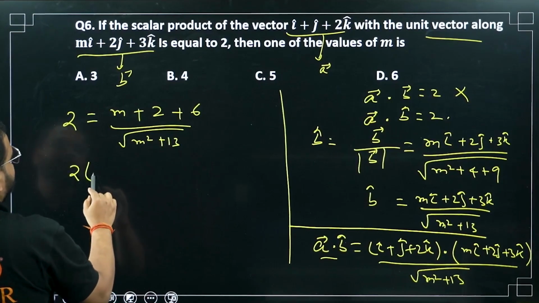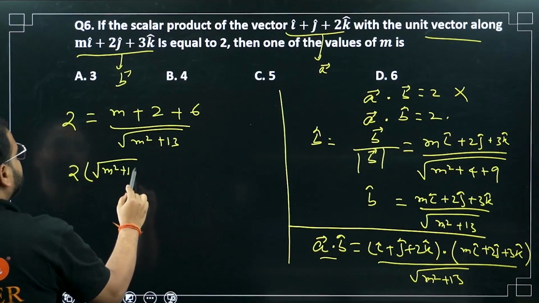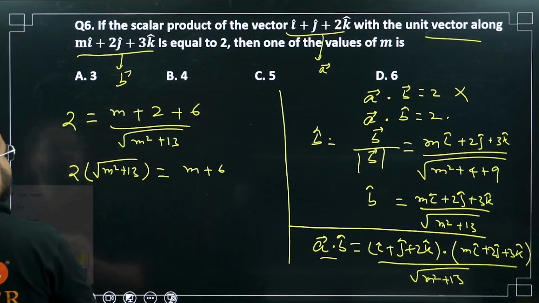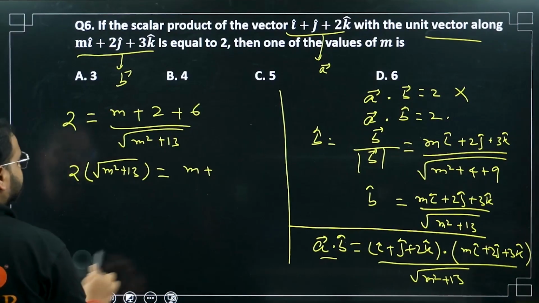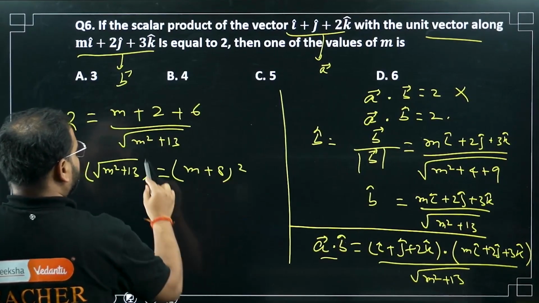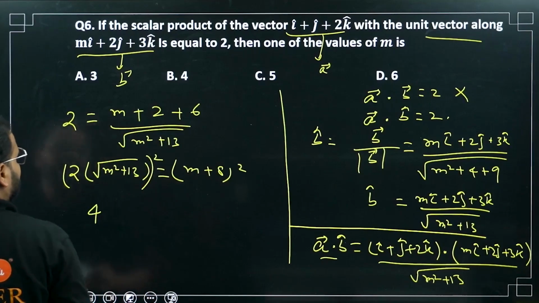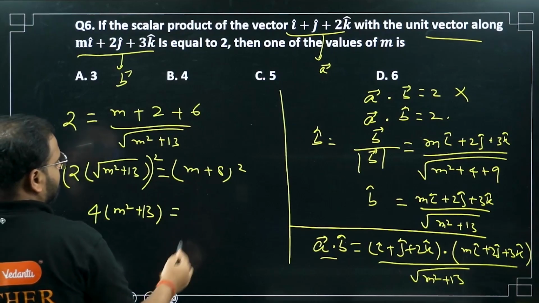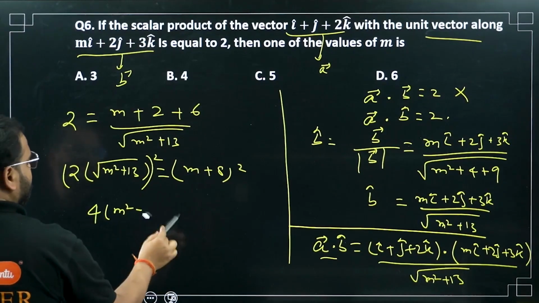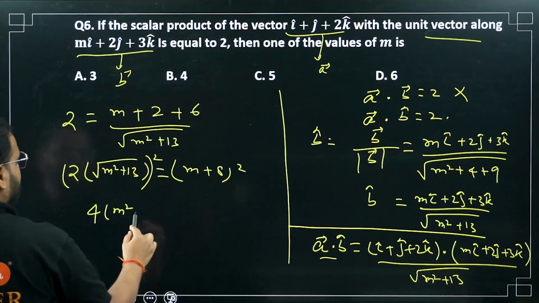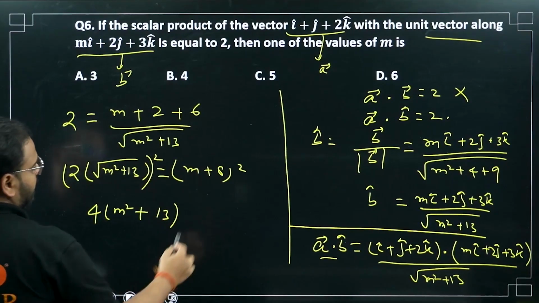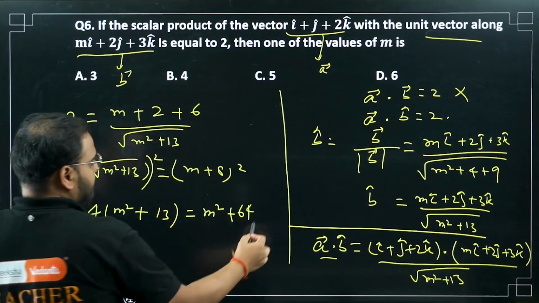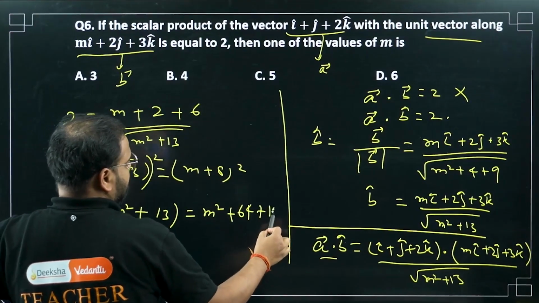So 2 times root of m square plus 13 equals m plus 8. Sorry, not 6, forgive me, 6 plus 2 is 8, right? And now you take the whole square. So I get here 4 times m square plus 13 equals m square plus 64 plus 16m.